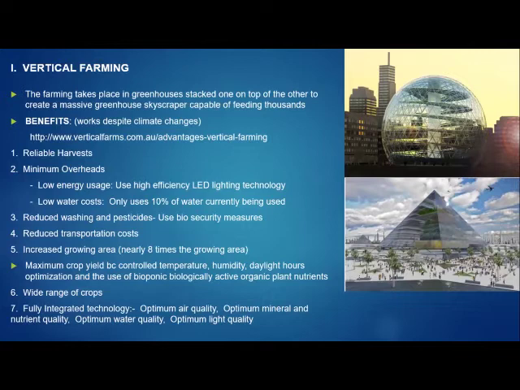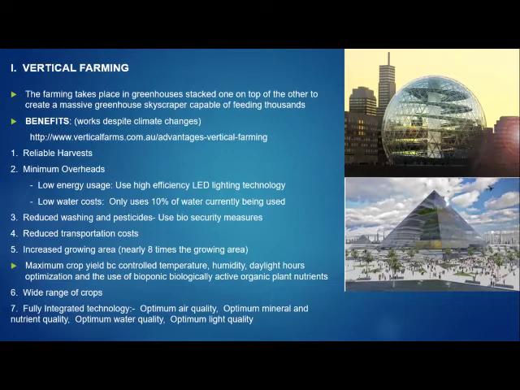And there are very little water requirements, just about 10% of what is usually used to grow these crops. You don't need as much washing and pesticides, and there are a lot fewer transportation costs because many of these vertical farms are built within cities. So it's very easy to transport the crops to stores.